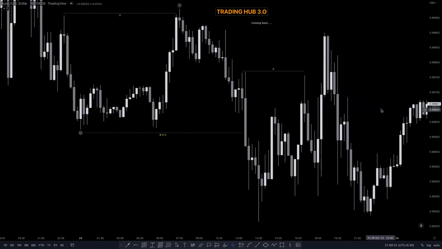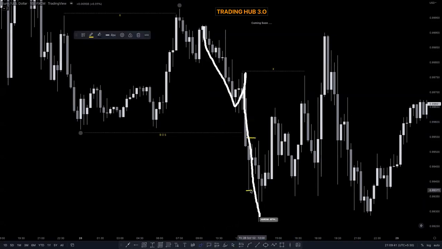What is the rule to identify a valid structure pullback? So you can see here this candle high, and this candle low, correct? Exactly. So market pushes downside, and in this case, if anything happens between this, like a candle close, break of this high or break of this low, it doesn't matter.